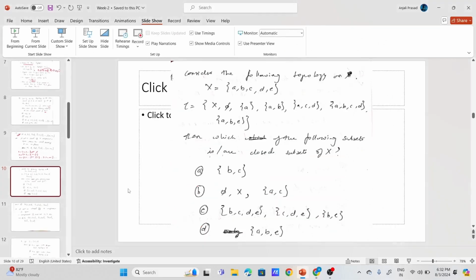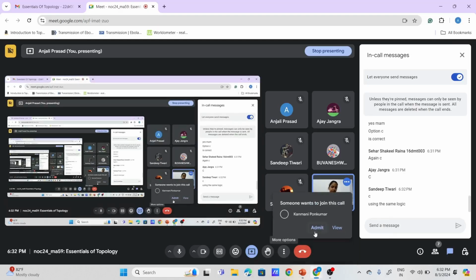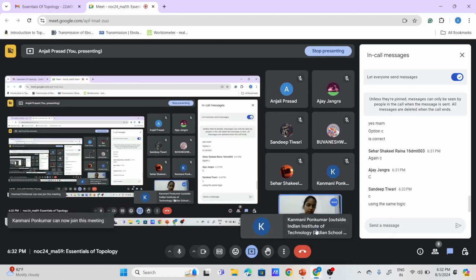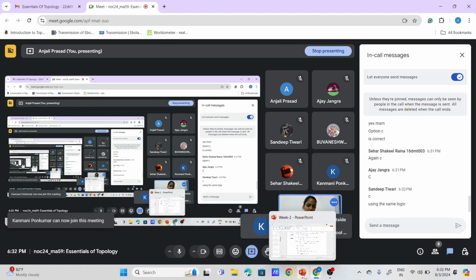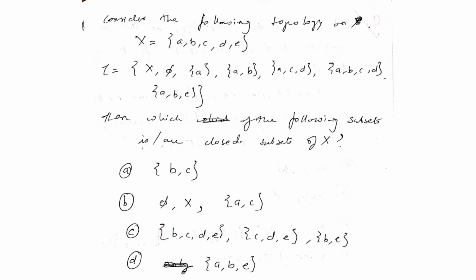You have to use the same logic and you will get the answer. So I hope this concept is clear, how to find the closed sets. Shall we move to the answer?